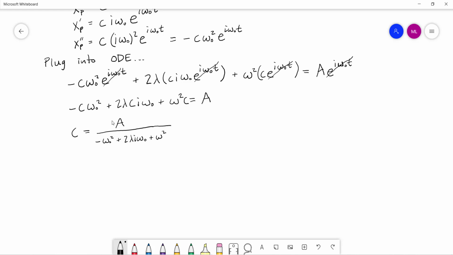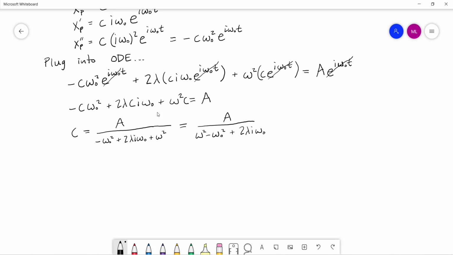Whew. So this big ugly mess here. Okay. If we rearrange things a little bit, I'm going to just group the omega squared term and the omega naught squared term together just to make life a little bit easier. So omega squared minus omega naught squared plus the 2 lambda I omega naught.